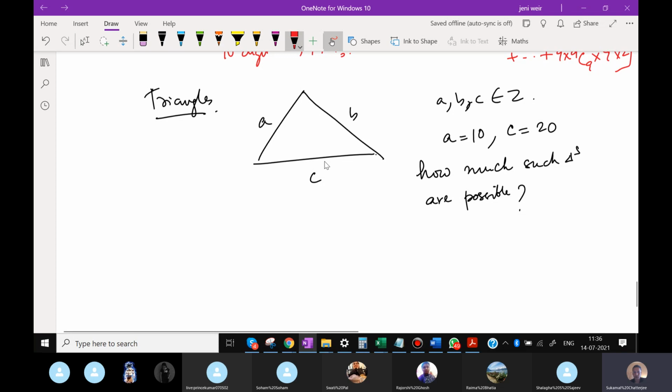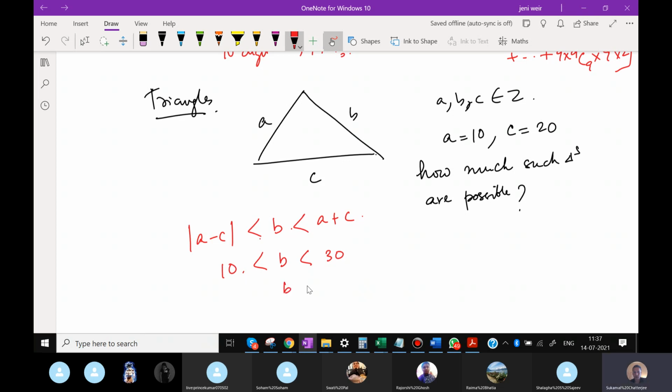So we know that any side of a triangle will be greater than the absolute difference between the other two sides and less than the sum of the other two sides. That means B has to be less than 30, greater than 10.